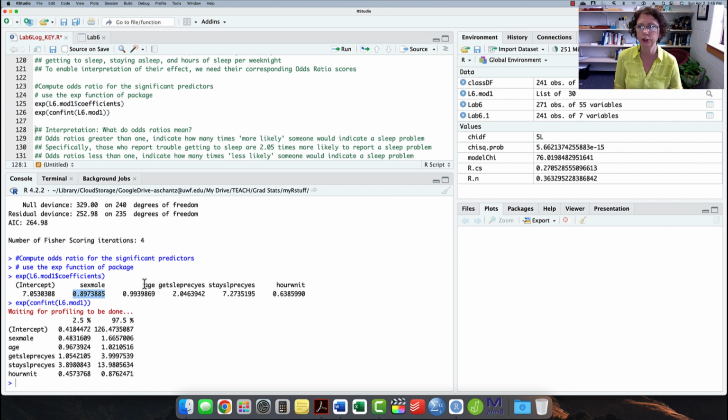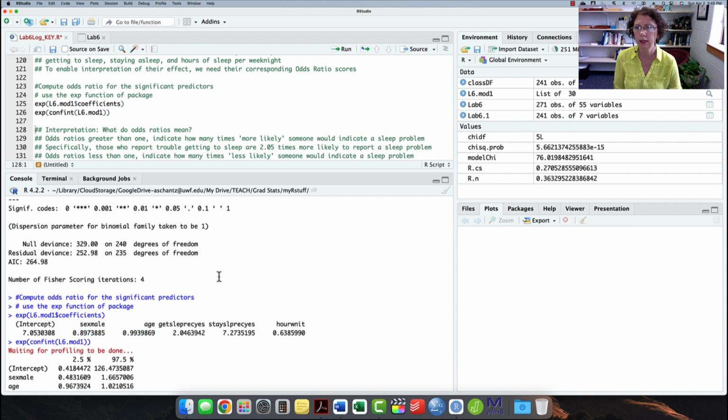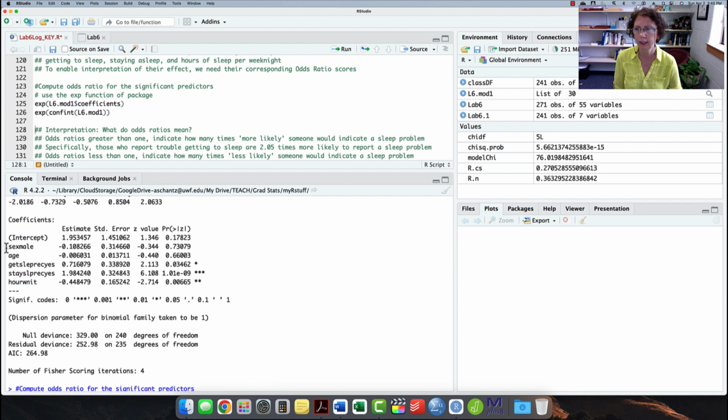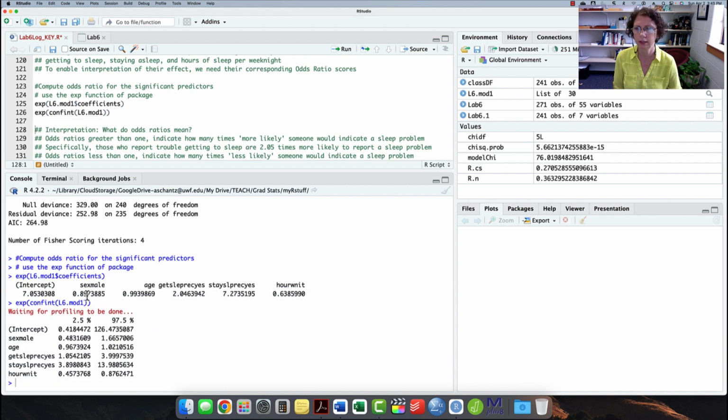So anything close to a 1 on the odds ratio is not going to be a significant predictor, right? Notice how both age and gender were not significant. It's because they really are not contributing to know if there's going to be more likelihood or less likelihood of reporting a sleep problem. And remember, 1 is that central value there instead of 0, like with linear regression.